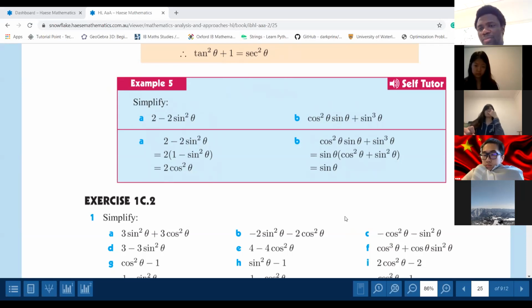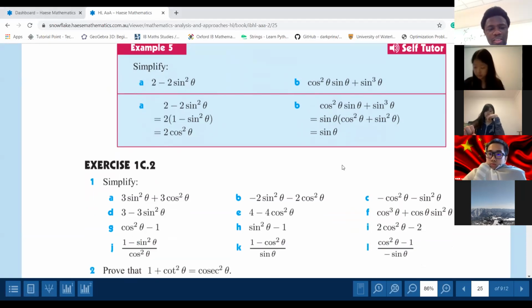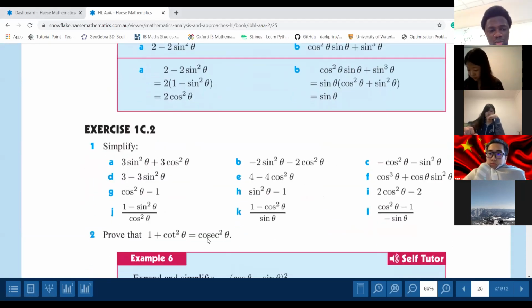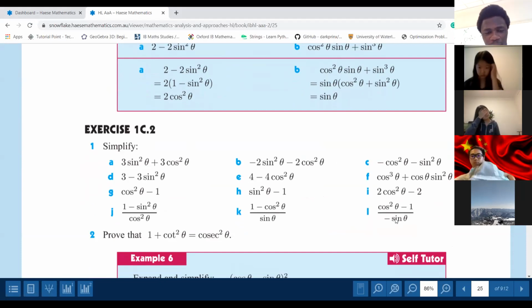Does that make sense? So this is the implication of that. This does not need to be proved because we have just done it. Can I ask you to try A, E, I, L, like diagonal?